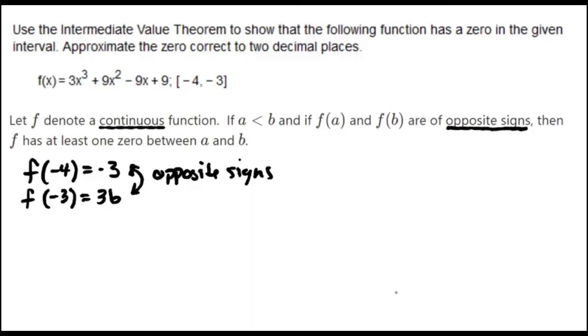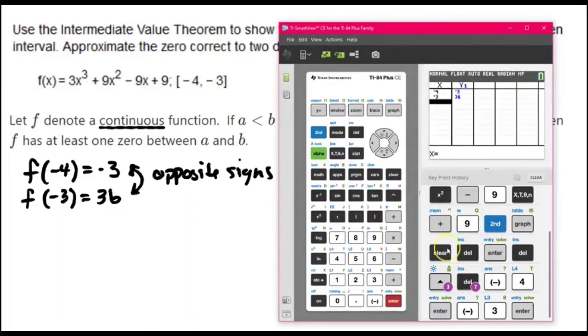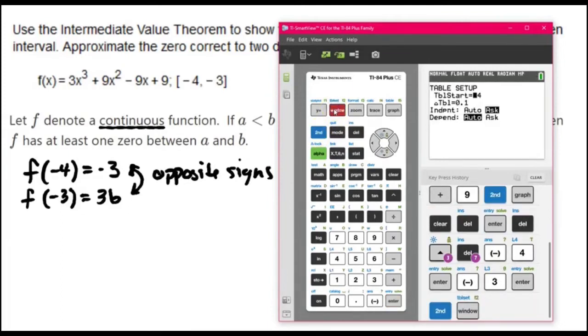So now we want to narrow down what that zero is. Once again, I'm going to use my graphing calculator, and this time I'm going to use the table menu in a little bit different way. I'm going to go to Table Set, and this time I'm going to go in Auto mode instead of Ask.